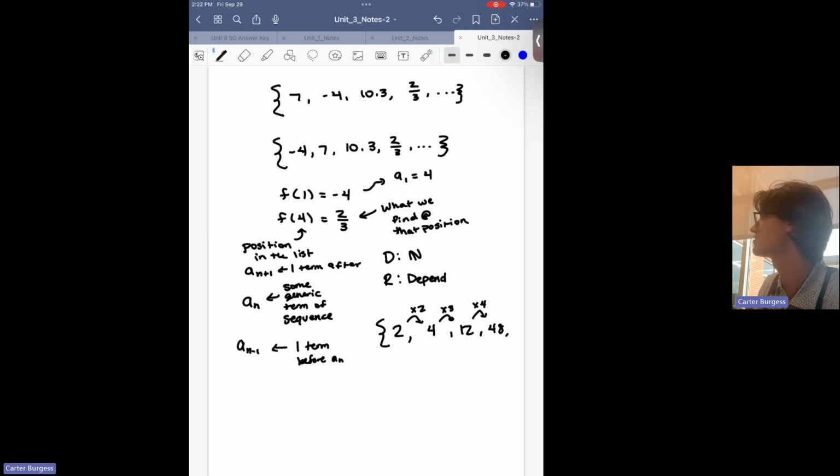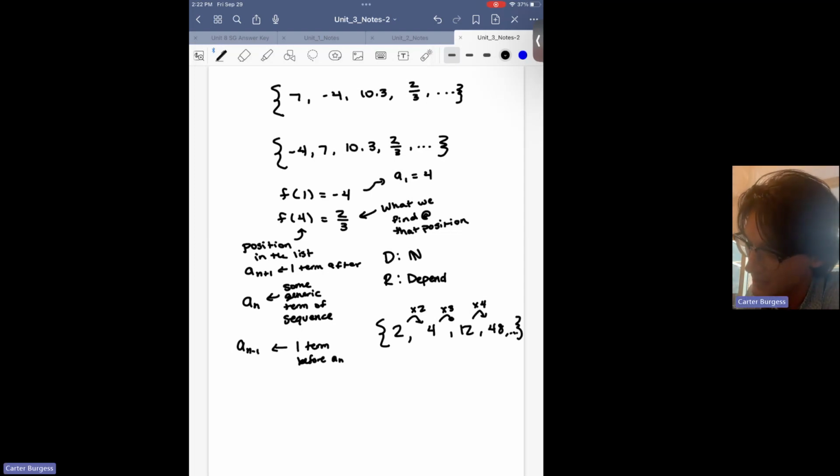And what am I going to do next? Multiply by 5 to get to 240, and so on and so forth. So it's not like this is an annoying, useless sequence where I can't derive valuable information from what's going on here. But it's not a constant multiplication pattern because the amount that I'm multiplying by isn't staying the same.